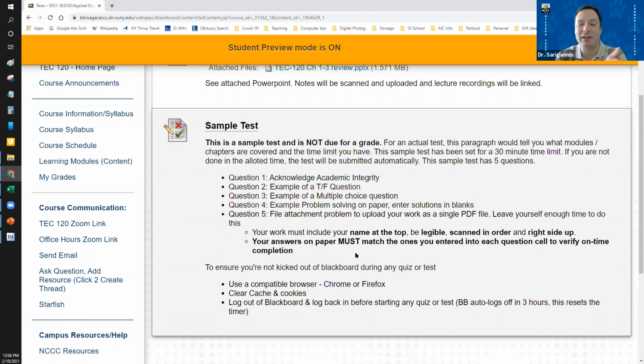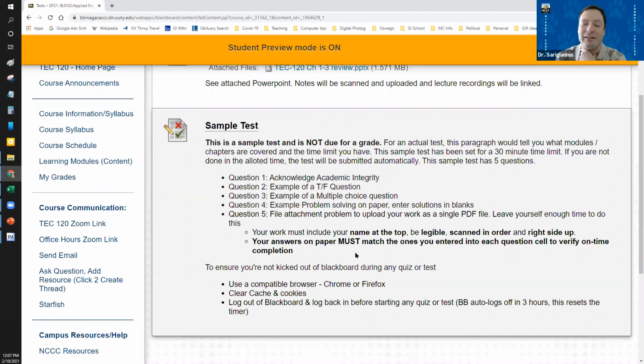A lot of us are giving the tests online and we're asking for your work to be submitted, but your work must match the answers you get on paper. The work you did on paper, those answers have to match what you submitted in the questions, in order to verify that you did the work within the time period of the test, and those are the answers you submitted.